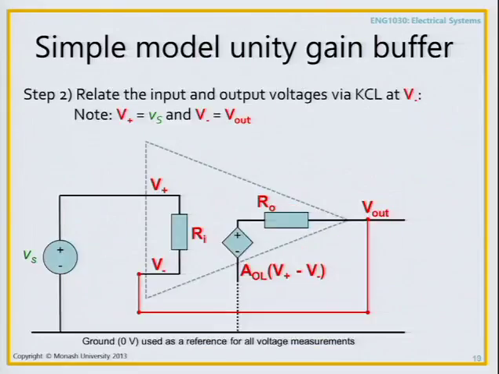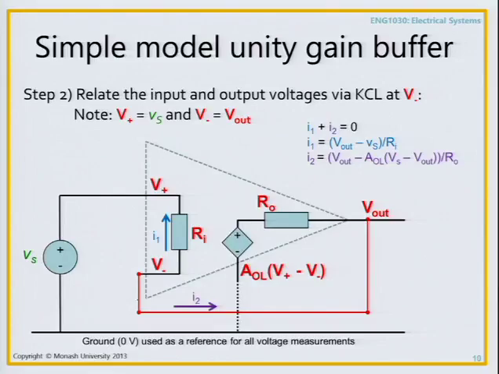So we use Kirchhoff's current law. Okay? So what we can do is relate, just like we did using the op amp before, V out to Vs. And how do we do that? Well, you write a Kirchhoff's current law equation for a particular node. Okay, let's just say this is the node that we're looking at.